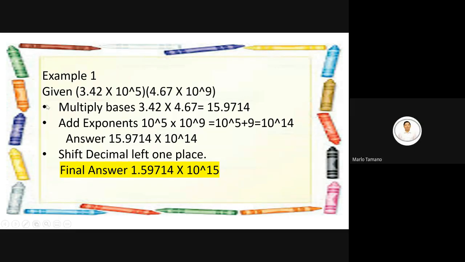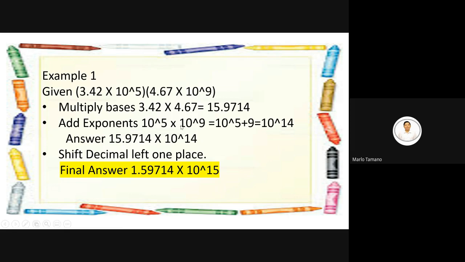Medyo. Ulitin ko, ano bang gagawin? I-multiply muna yung 3.42 at saka yung 4.67. Tapos, ito na po yung product niya, 15.9714. Okay? Pagkatapos niyan, yung exponent naman po ng ating powers of 10, yung mga 10 to the 5th, saka yung 10 to the 9.